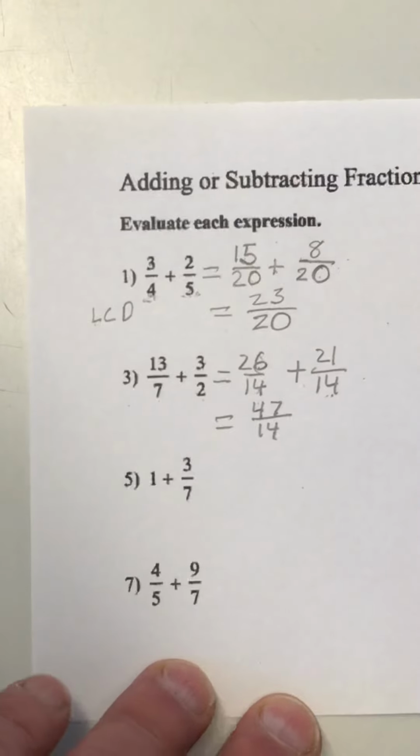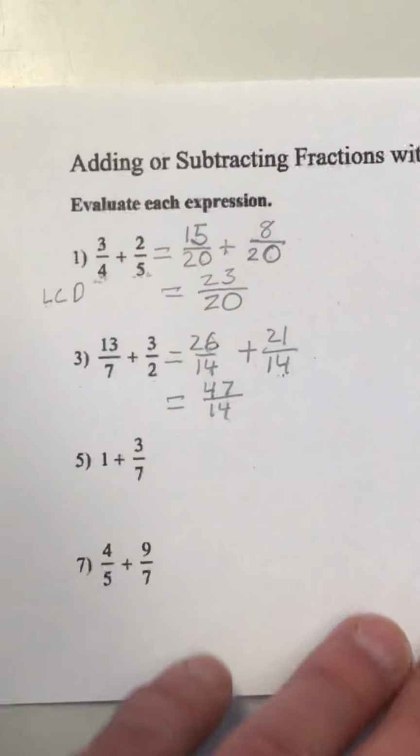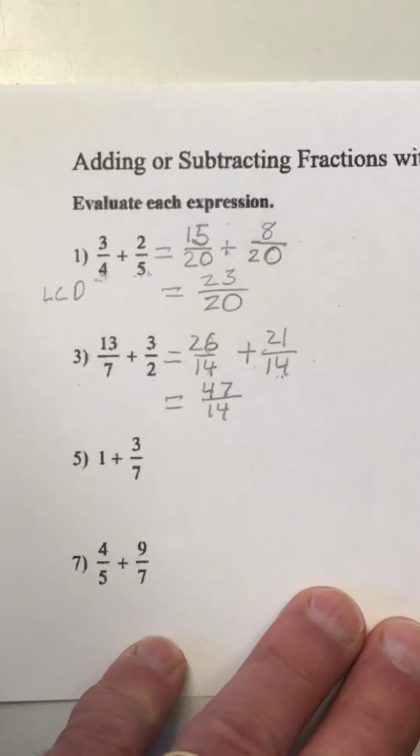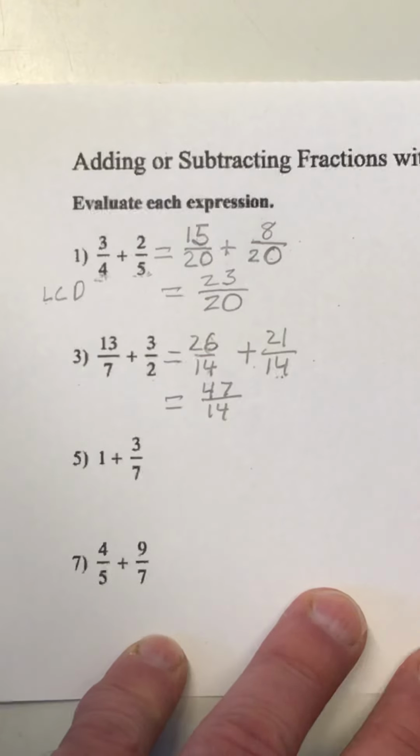Now, on number 4, guys, I've got to pay attention to my signs. And this one is a minus rather than a plus. What's the LCD for 8 and 7? The lowest number that 8 and 7 will both go into. 56.